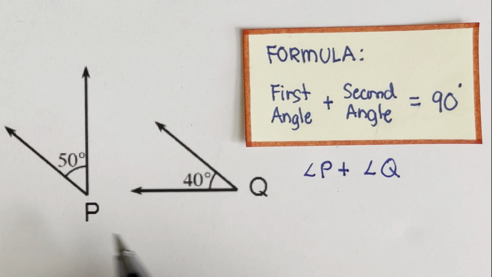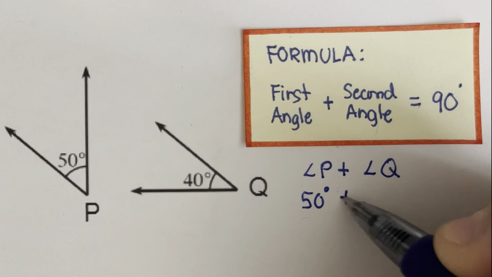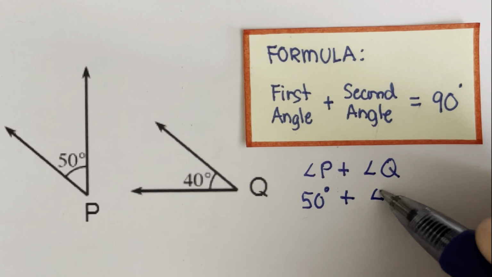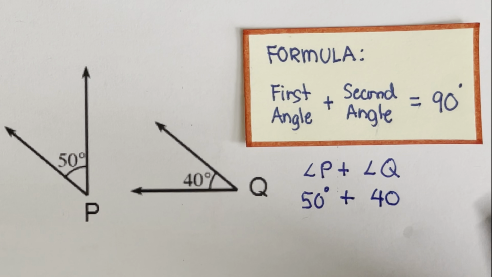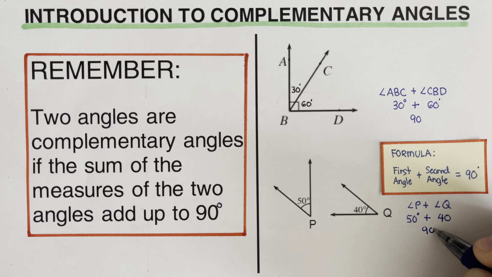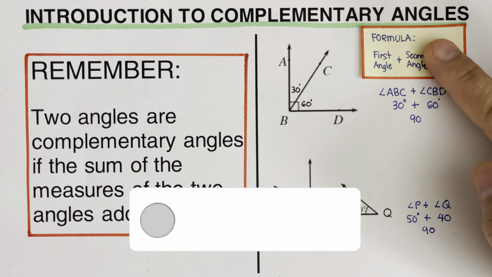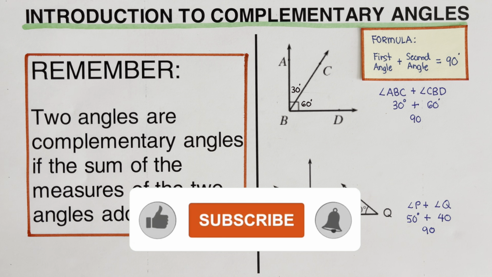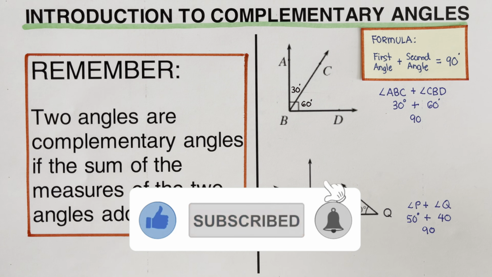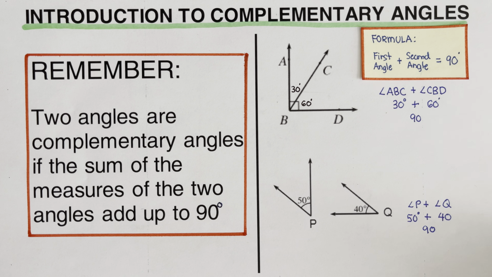Angle P is 50, so I'm going to write 50 degrees right here, plus angle Q is 40. If we add these two together, 50 plus 40 is 90. So we can say that this is an example of complementary angle. We remember that complementary angles, when we add them up, equal 90. That means these two right here are examples of complementary angles.